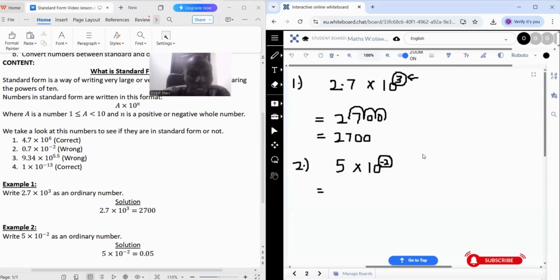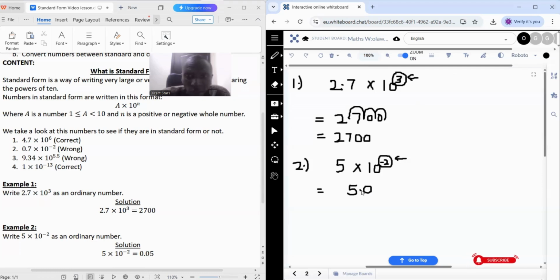So anytime it's negative, it means that you are moving the decimal point to the left-hand side. And we can have 5 to be 5.0, meaning that we are moving the decimal point 2 places to the left-hand side, which is the value of n that we have here in the power.